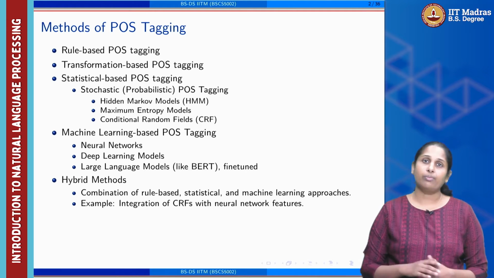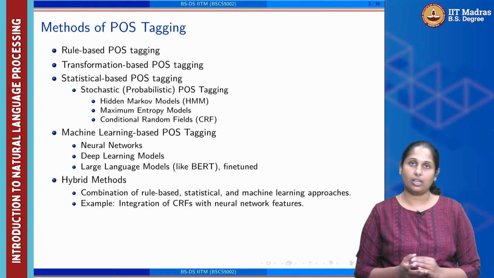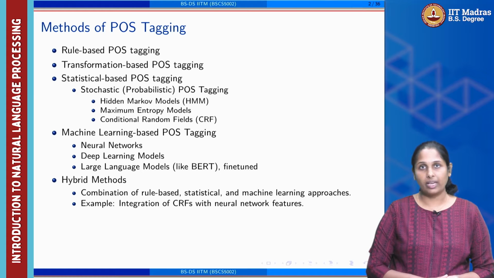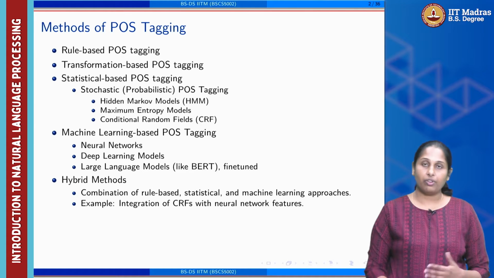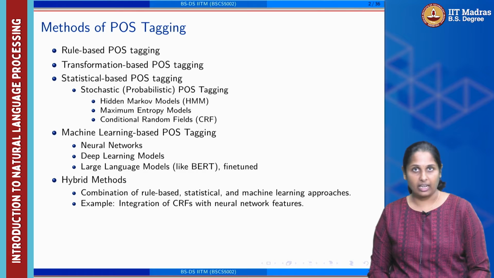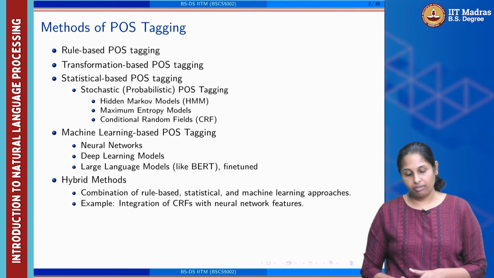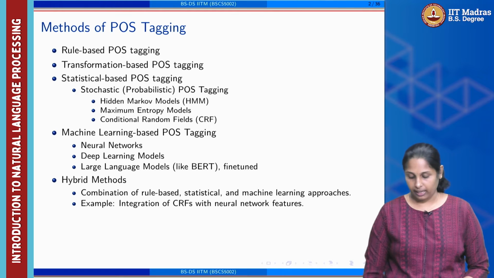And apart from that, some hybrid methods can also be used in building the part-of-speech tagging. So, it is a combination of rule-based, statistical-based and machine learning approaches. For example, integrating the conditional random field, which is the statistical approach, with the neural network feature, we can build the hybrid way of building the POS tagging.